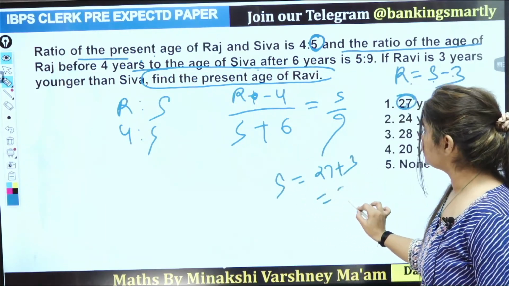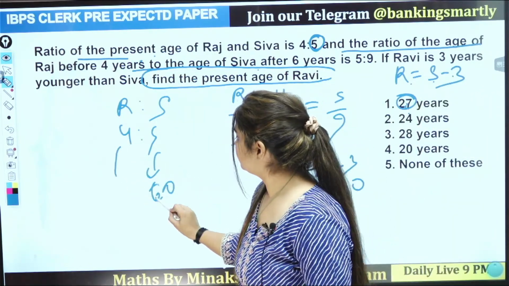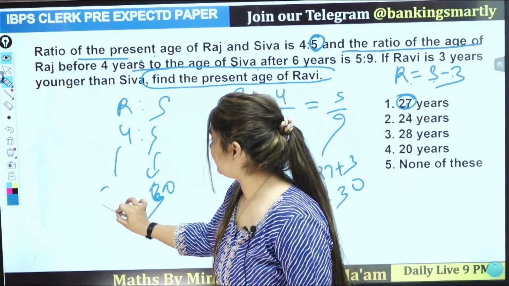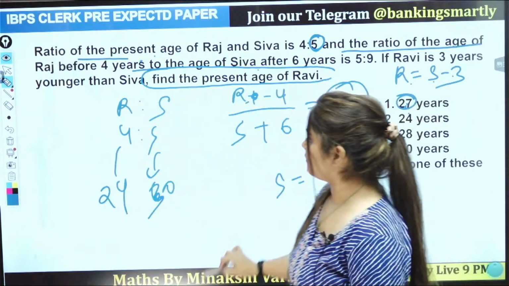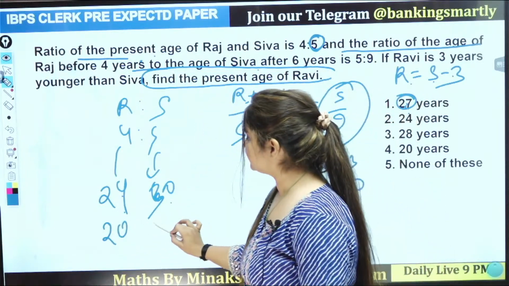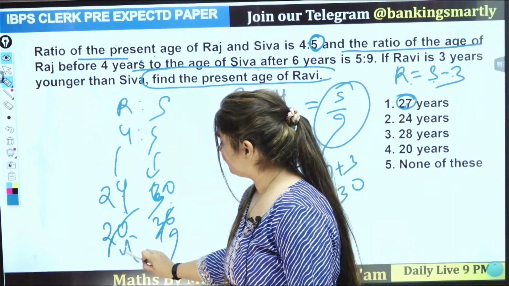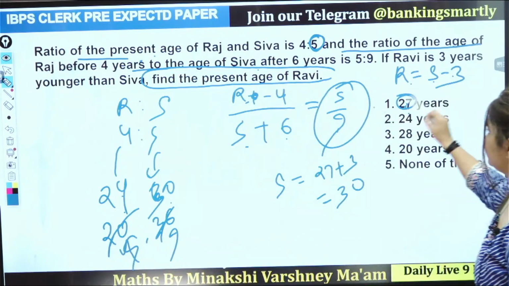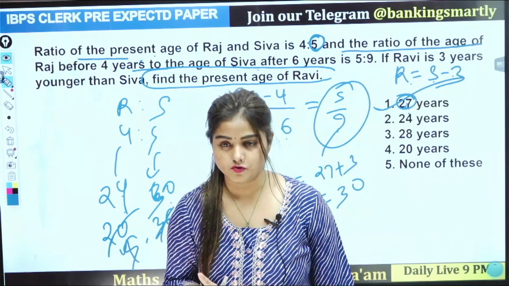That means Shiva is 30, so Raj is 4 sixes are 24. Now we have to verify: R minus 4 is 20, and S plus 6, after 6 years, is 36. So 4 fives are 20 and 4 nines are 36. 5:9 is satisfied, that means the first one is correct. So you can go with options also.